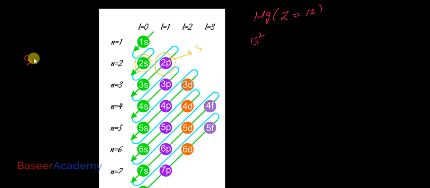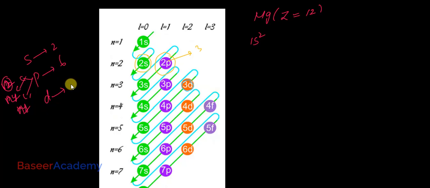We know that s can have a maximum of 2 electrons because s has only 1 orbital. Each orbital can have a maximum of 2 electrons. P subshell, we know that p splits into 3 orbitals, px, py, pz, and each orbital can have a maximum of 2 electrons. So 2, 2, 2, 6 electrons. P can have a maximum of 6 electrons.